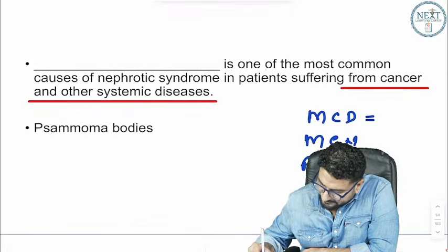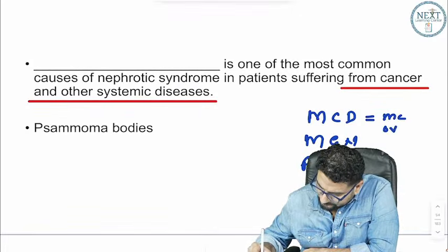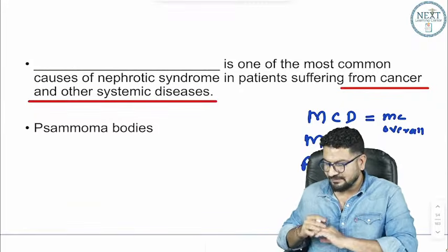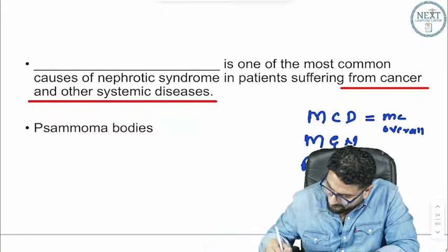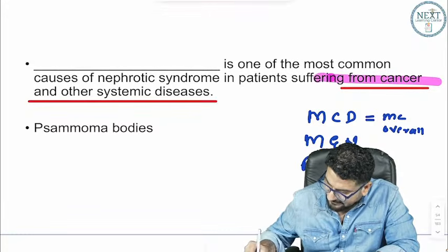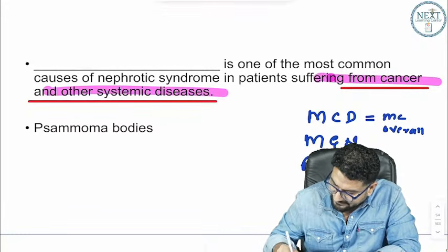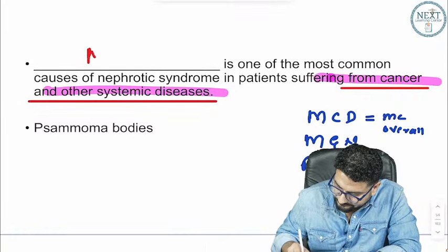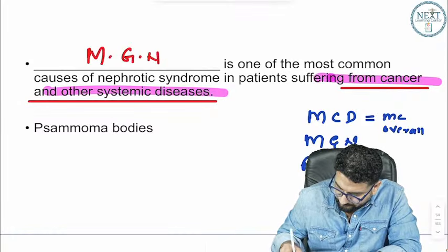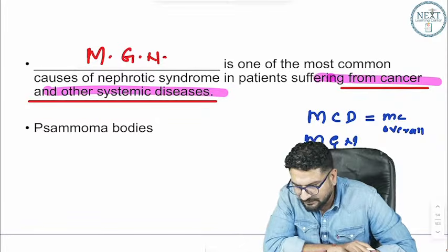Overall most common, and most common in children, is MCD. But in one suffering from cancer or some systemic disease, the answer will be MGN. Getting my point? Yes, very good, Ritesh.